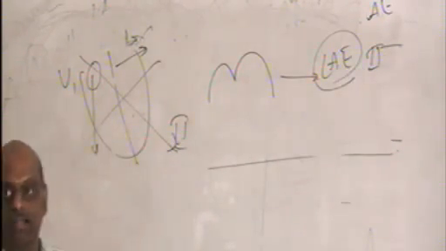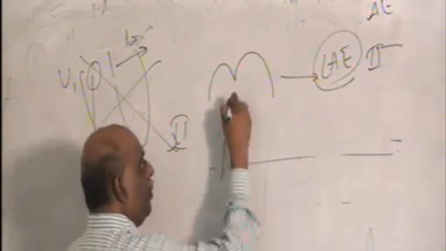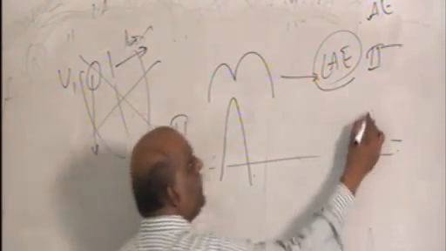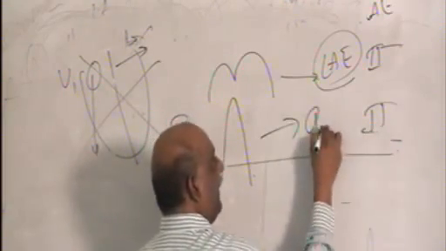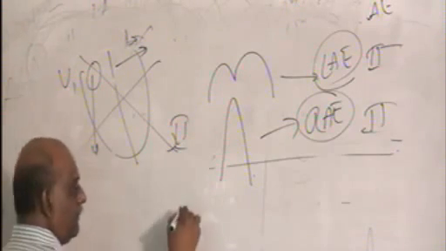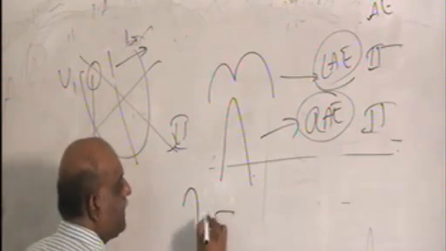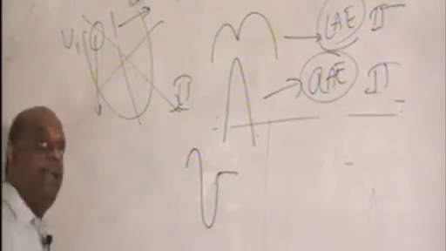Good. Prominent P wave, sorry, a prominent P wave is there. Which lead? Lead 2. Which enlargement? Right atrial enlargement. Good. Then initial slurring positive, same, but the negative deflection is increased.